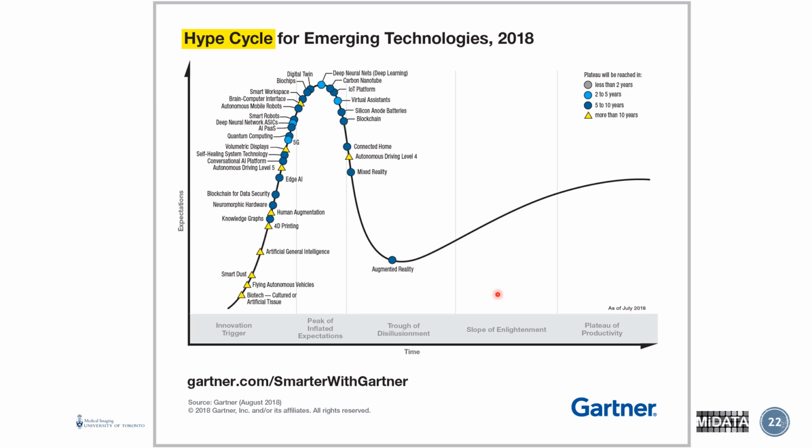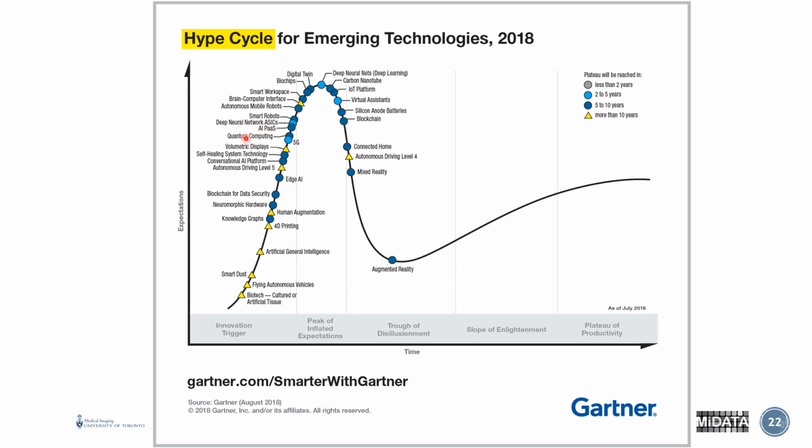So if you look at these data points as some examples, I remember Smart Dust was one of them. Flying autonomous vehicles is right at the beginning of your innovation trigger here. Human augmentation, 4D printing, knowledge graphs. So all these are just crazy cool stuff.